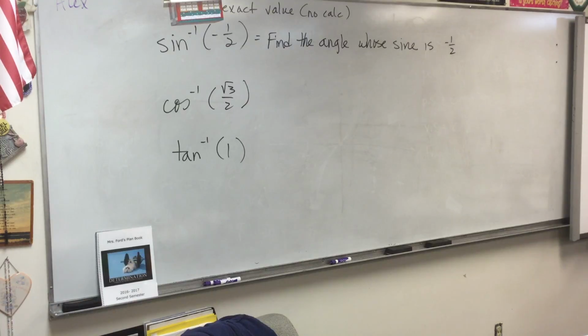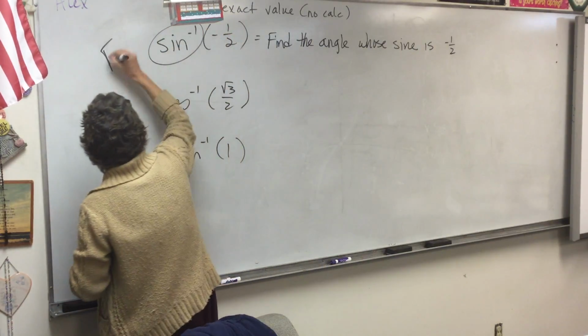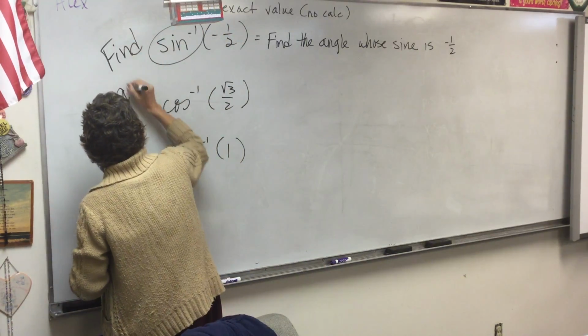Remember that? We draw the triangles, opposite over adjacent, opposite over hypotenuse, all that stuff, right? Well, this is backwards. I'm giving you the sine and you're going to give me the angle. So when we see this notation, we know we are finding an angle.